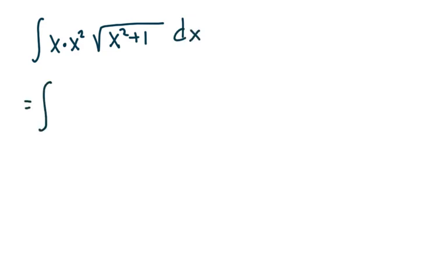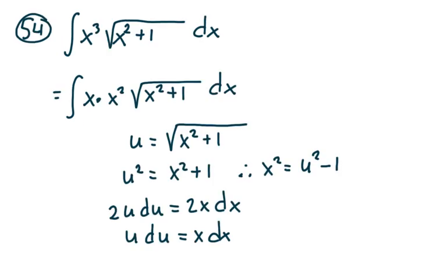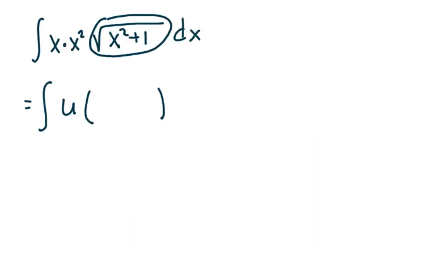So if I have the integral of x times x squared times the square root of x squared plus 1 dx, now remember something. Remember that the square root of x squared plus 1 was my u, right? Now, if I go back, x squared is equal to u squared minus 1.